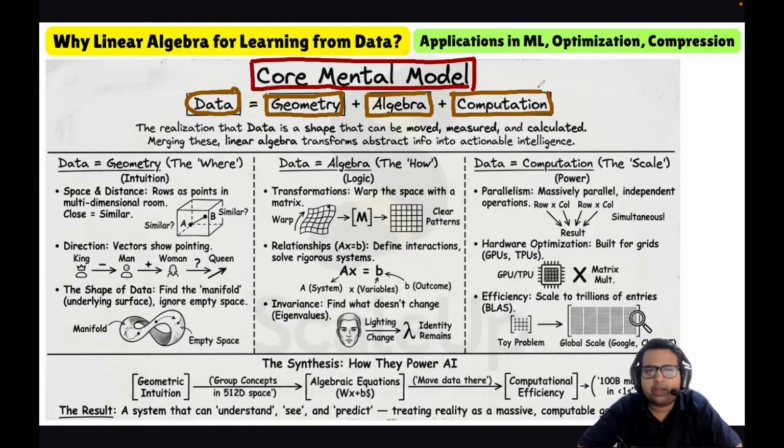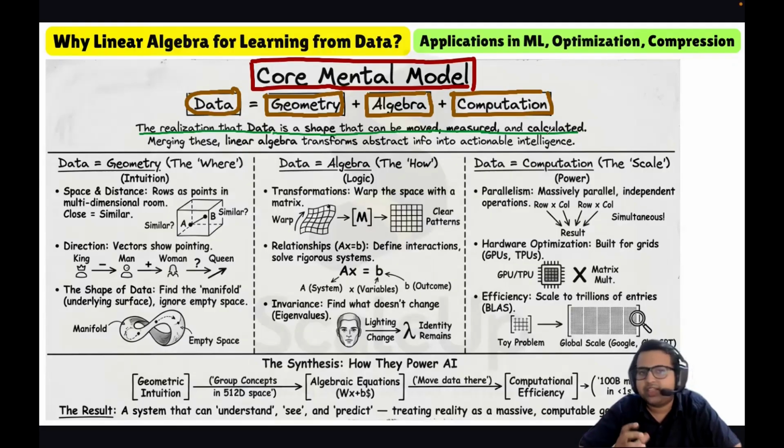So the core mental model is the realization that data is not just a list of numbers, but data is a shape, a pattern, which can be transformed, moved, measured, and calculated.